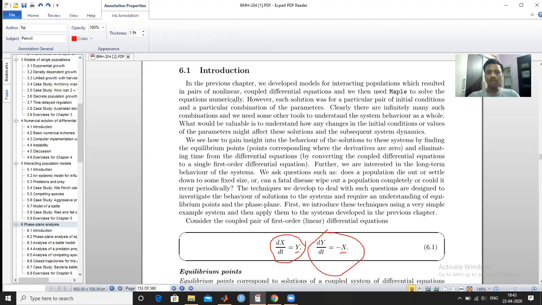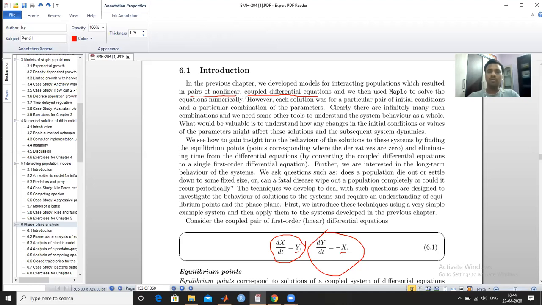So what is the importance of this phase plane? We have already developed the interacting population model in previous lectures, and there the model is given by pairs of non-linear coupled differential equations, right? And because this is non-linear as well as coupled, it is not easy to solve this type of differential equation analytically.